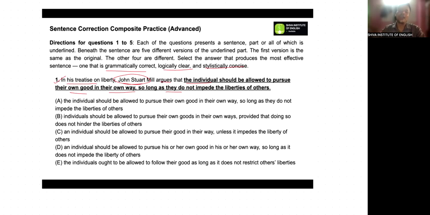Now, the sentence given in question number one states that in his treatise on liberty, John Stuart Mill argues that the individual should be allowed to pursue their own good in their own way, so long as they do not impede the liberties of others.